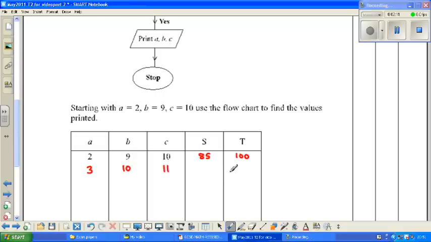So again, we go round the flowchart. S was A squared plus B squared, so I'll try that for the second set of numbers. This time it's 3 squared plus 10 squared. So that's 9 plus 100 equals 109. 3 squared is 9, 10 squared is 100, we add those together and get 109.